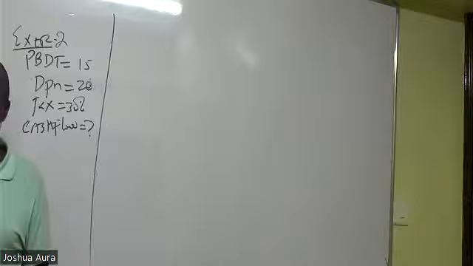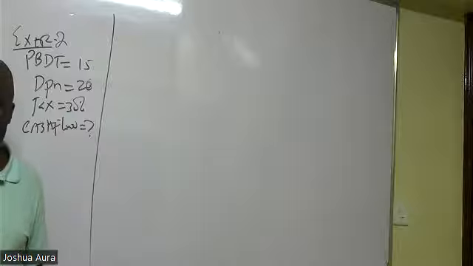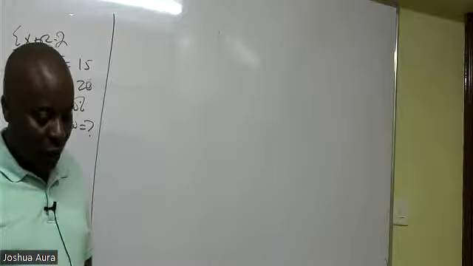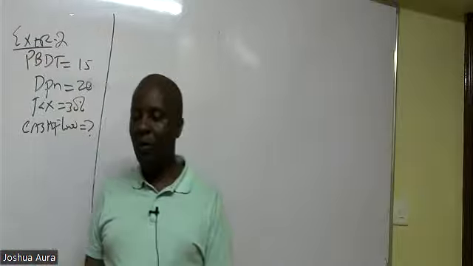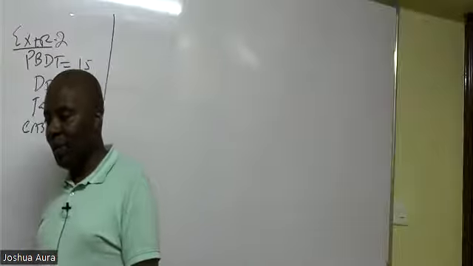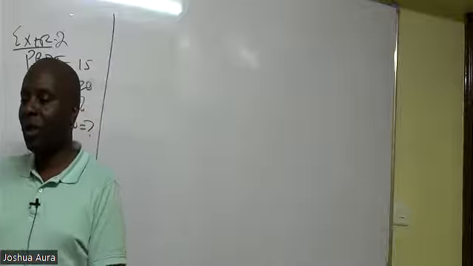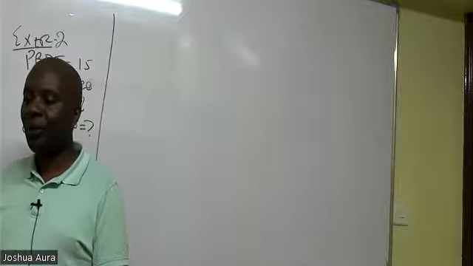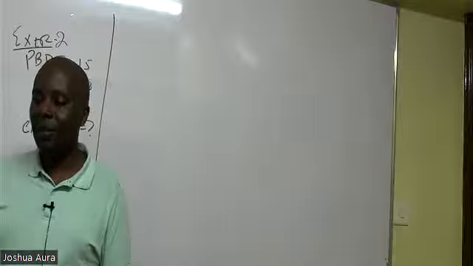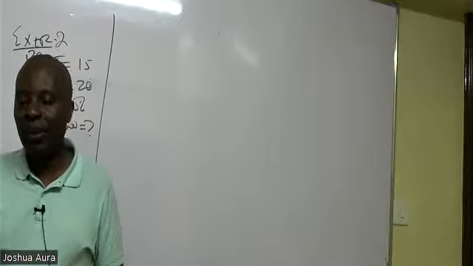I want to know whether there is anybody who has made use of method 1 and gotten that 16.5. Do we have anybody? Tobias Obuago, 16.5. Thank you so much. Great.